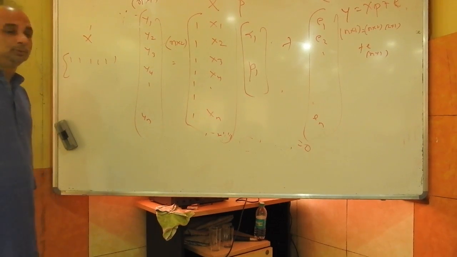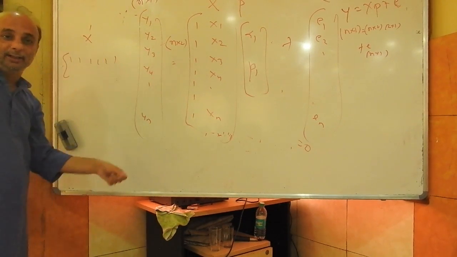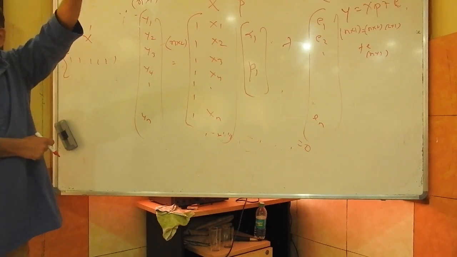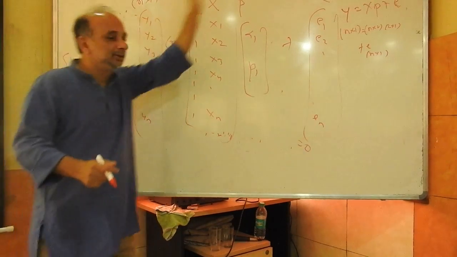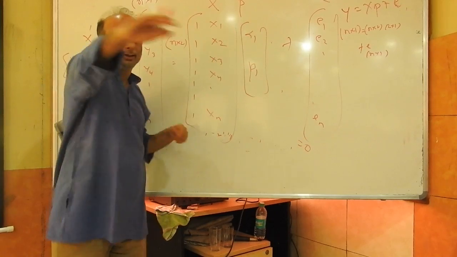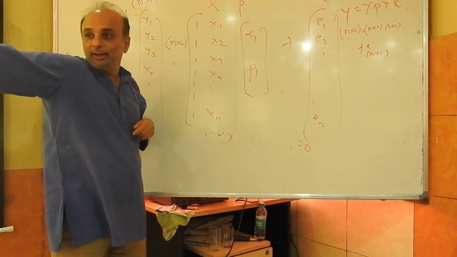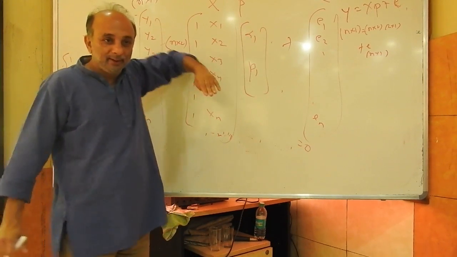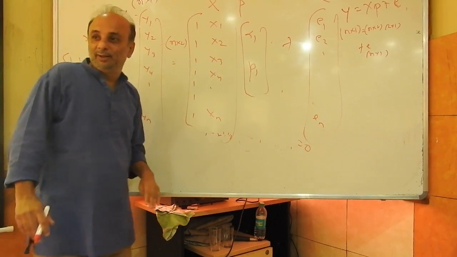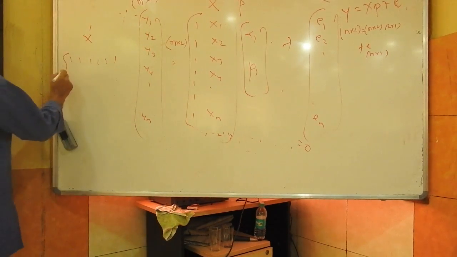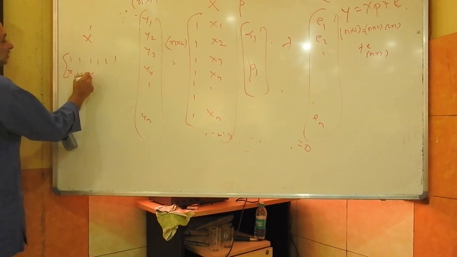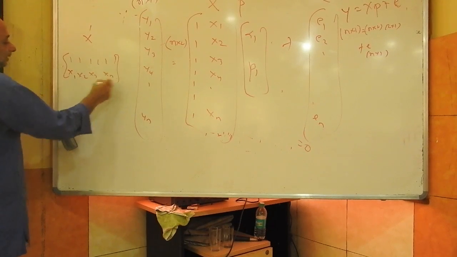You know what is X transpose, no? Like that ship which has been lying on its side somewhere, you make the matrix lie on its side. Just push this like this. Right? So the matrix falls down. Think of it as falling down, and the first row will become like this, and the second row will become like this. Right? Okay, 1, 1, 1. x1, x2, x3 up to xn.